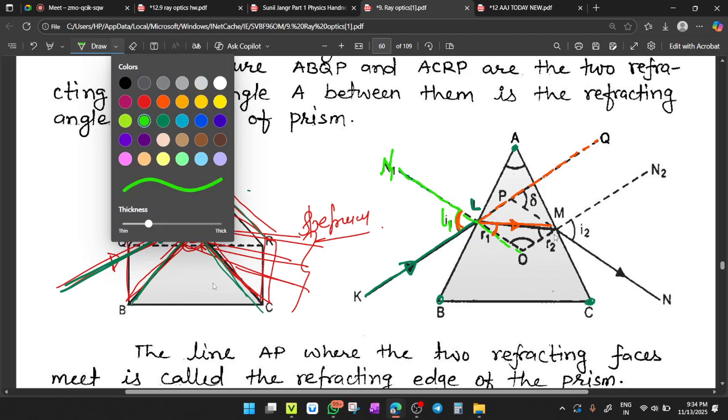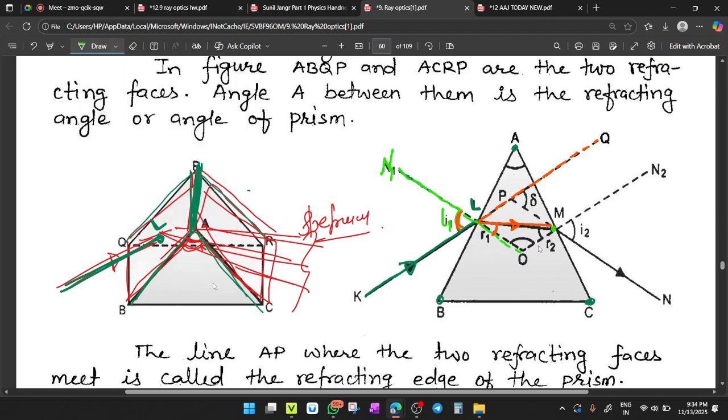Now it is incident on the point M, and N2O is the normal on the second surface. This is the normal. Both the normals meet at point O. So mark this angle at O. Clear or not clear? Remember, this angle equals 90 degrees.